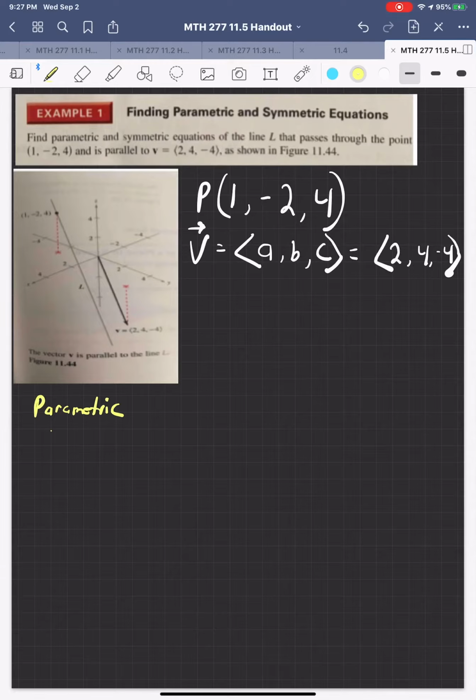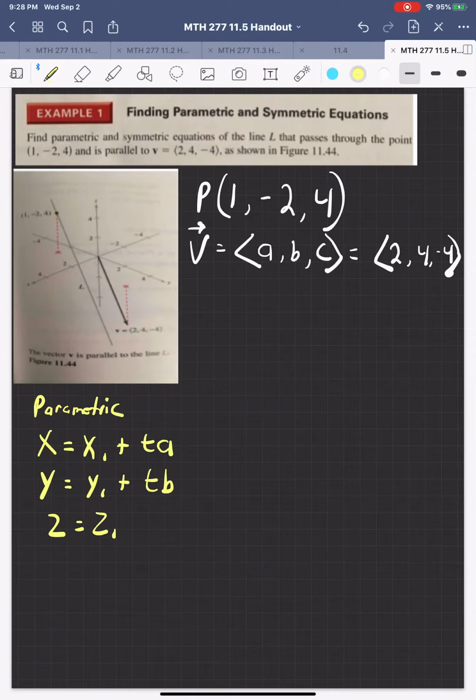So the parametric description is x is equal to x sub 1 plus t times a, y is equal to y sub 1 plus t times b, and z is equal to z sub 1 plus t times c. So you have everything you need. You know a and b and c.